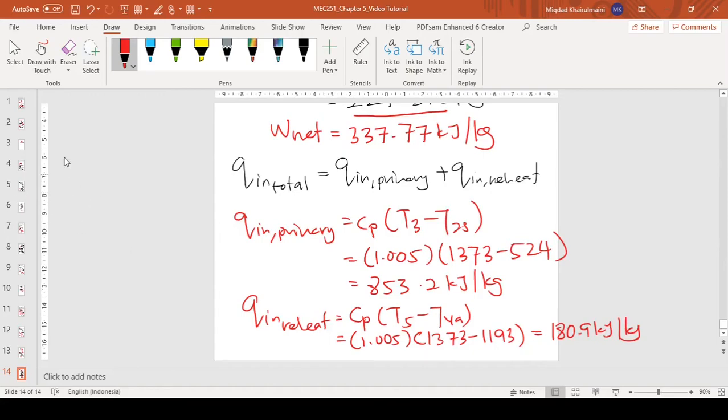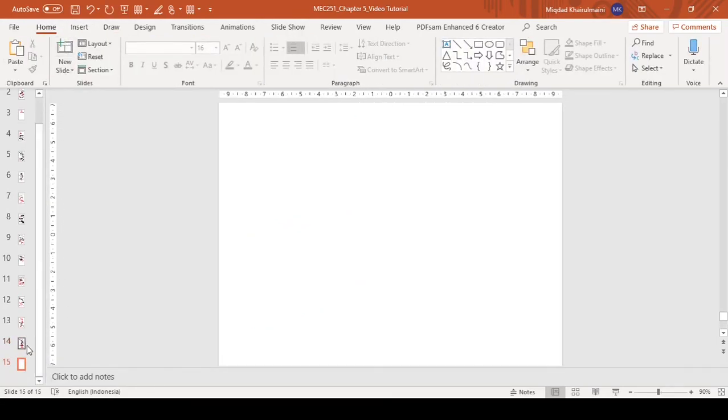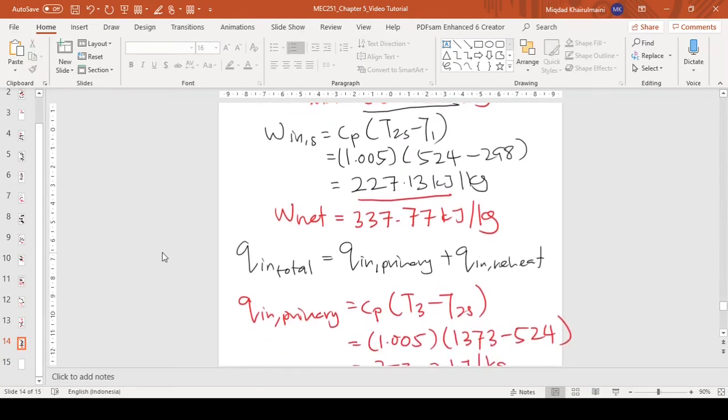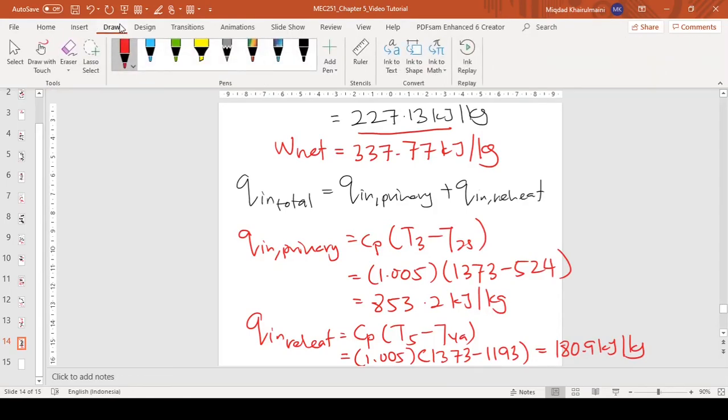Let me add a new slide here. Here we have to calculate the total heat added. This value, 853, we have to add with 180.